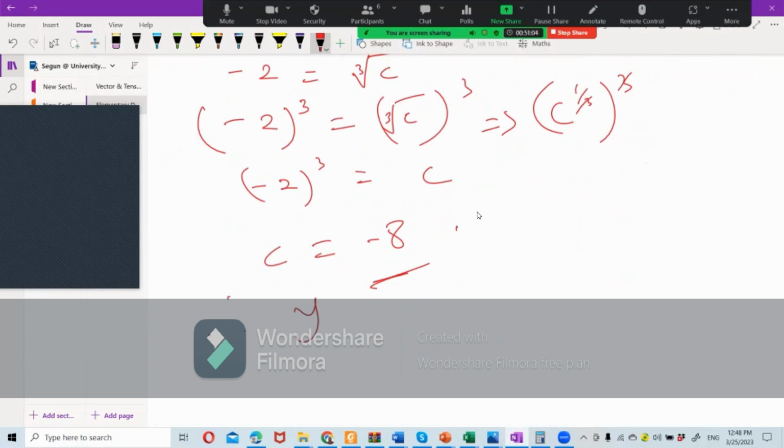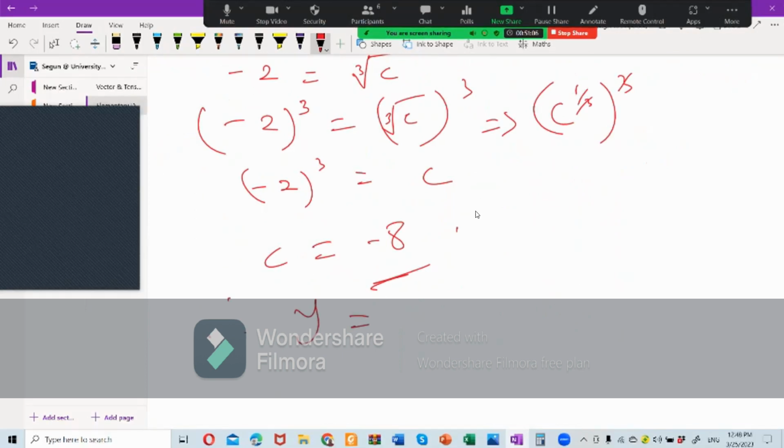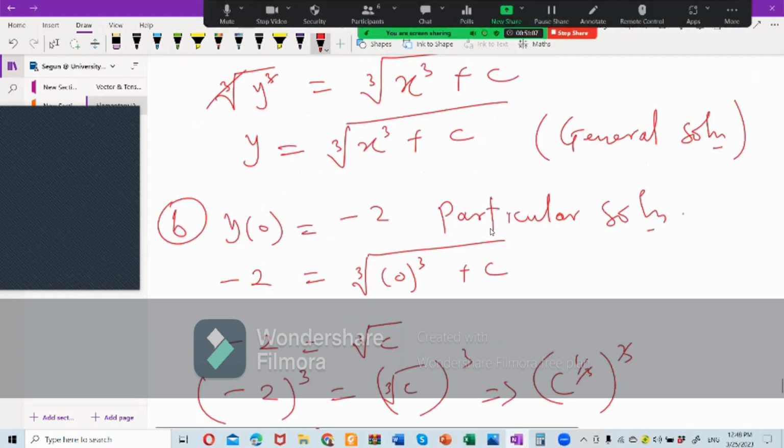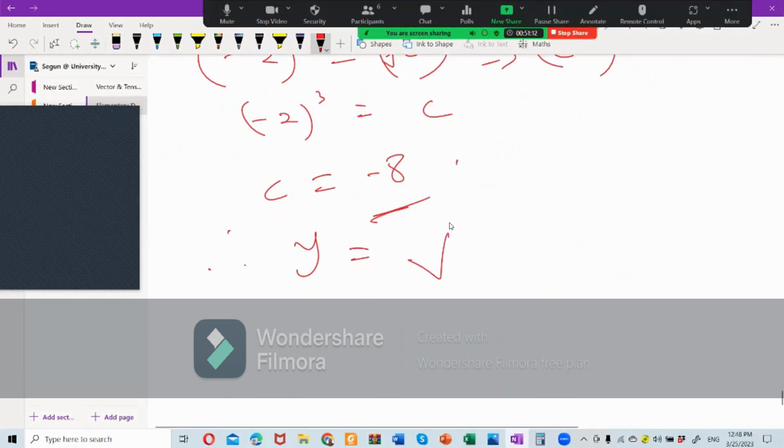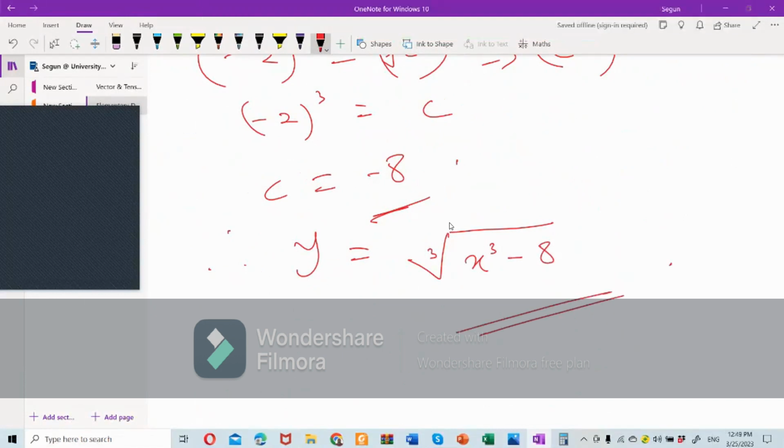Therefore, our y is equal to, you go back to your general solution, which will now be the cube root of x raised to power 3 minus 8. Any question?